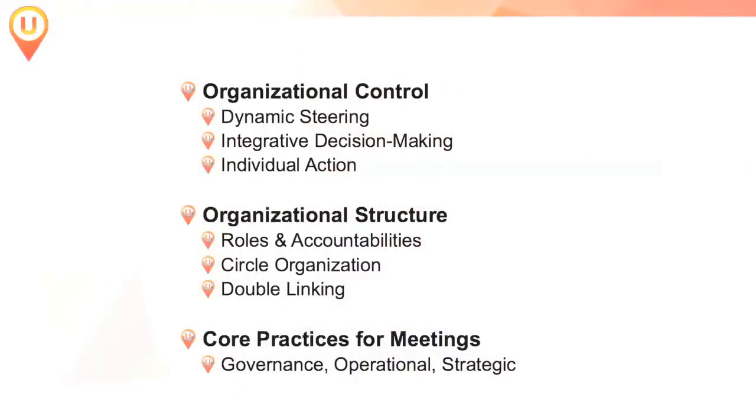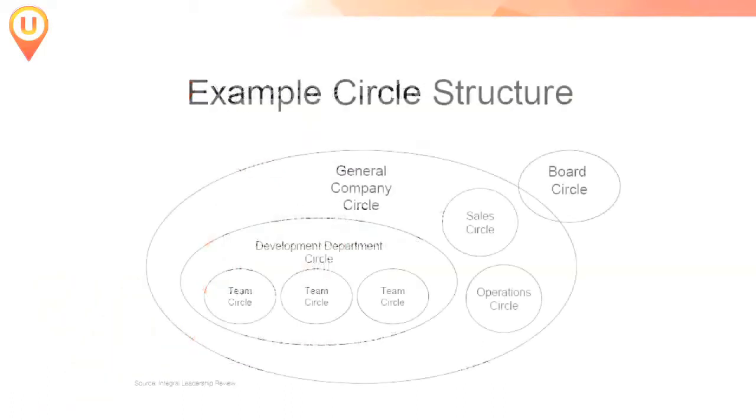Now, another key element in the organizational structure of this approach is organizing in what they call circles. So you have these roles with their accountabilities, and they become part of a circle. And so as you can see on this image, you might have your general company circle. So you've got many different people with their roles sitting in the circle.